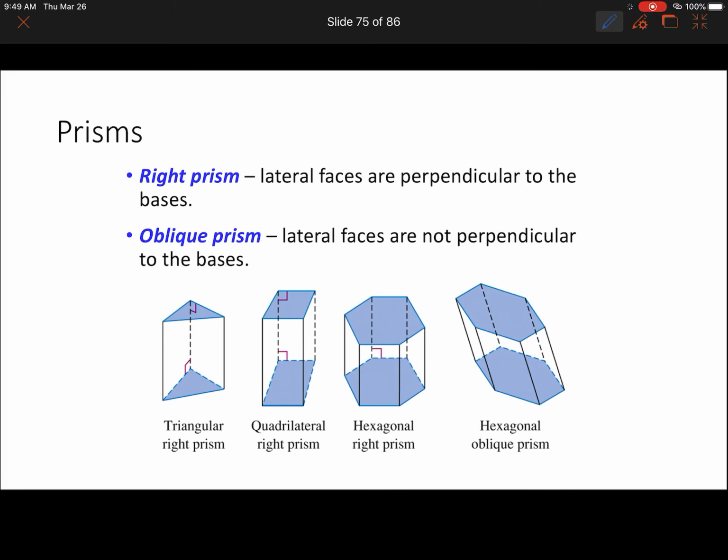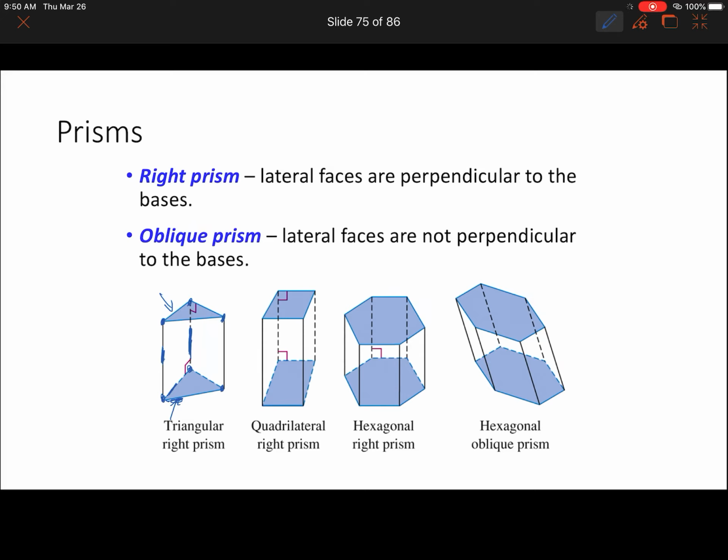And so we have what we call a right prism, where the top base is directly above the bottom base. Now, notice our definition here says the lateral faces are perpendicular to the bases. Well, that's true, but if this base is sitting directly above this base, where this point and this point are above each other, and these back points are above each other, and same thing here, well, then that means that this line in the back has to be perpendicular to those bases.